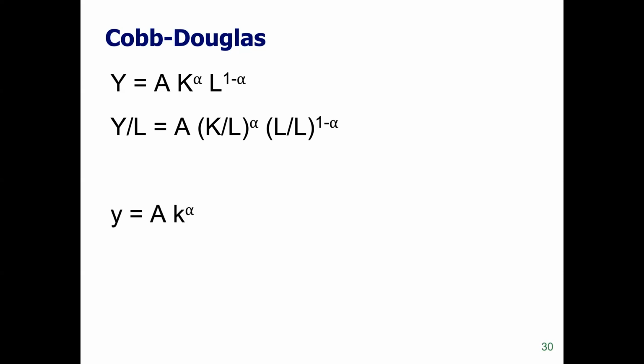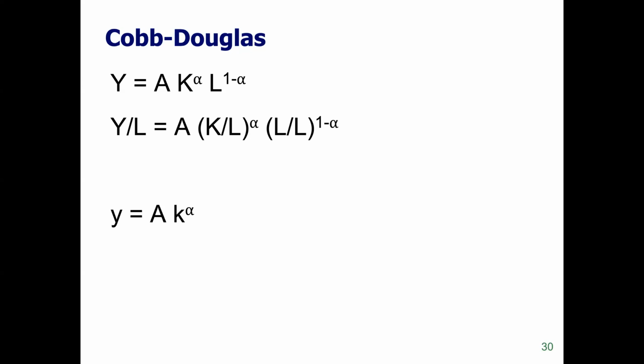So at the end of the day, I find that output per worker is equal to the technology parameter times K to the little alpha. And if any of this algebra seems a little dicey to you, stop and work it out till you've got it clear. And definitely remember, you can talk to me in office hours.